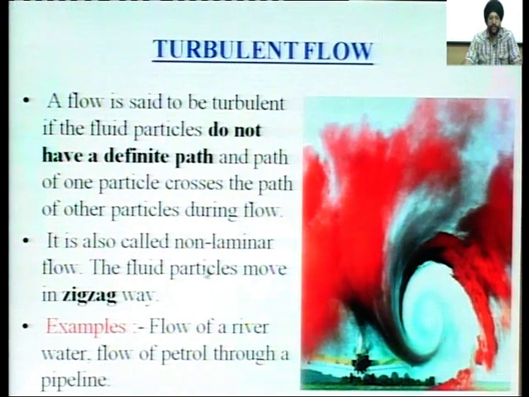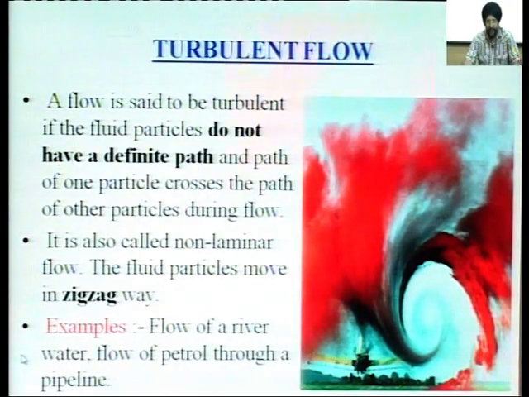Now this turbulent flow is also called non-laminar flow. Since it is the reverse of laminar flow, it is also called non-laminar flow, and the fluid particles are moving in a zigzag way. There is no definite pattern here. One or two more examples of turbulent flow: the flow of river water.